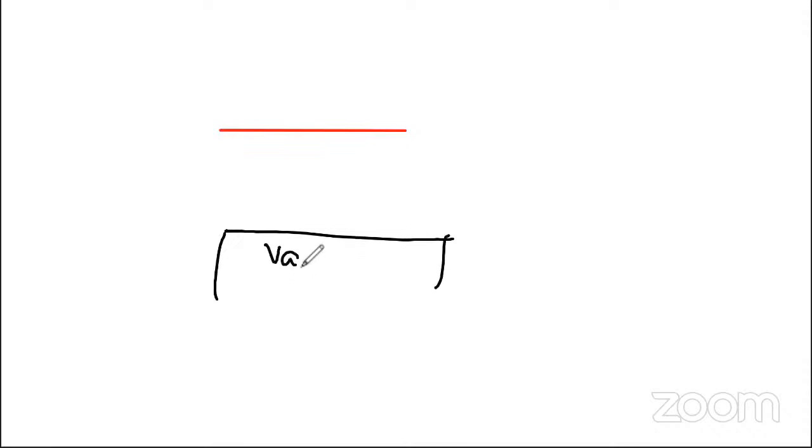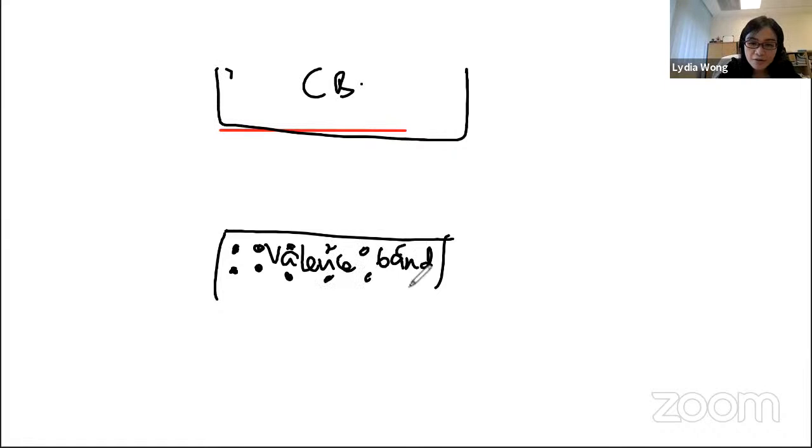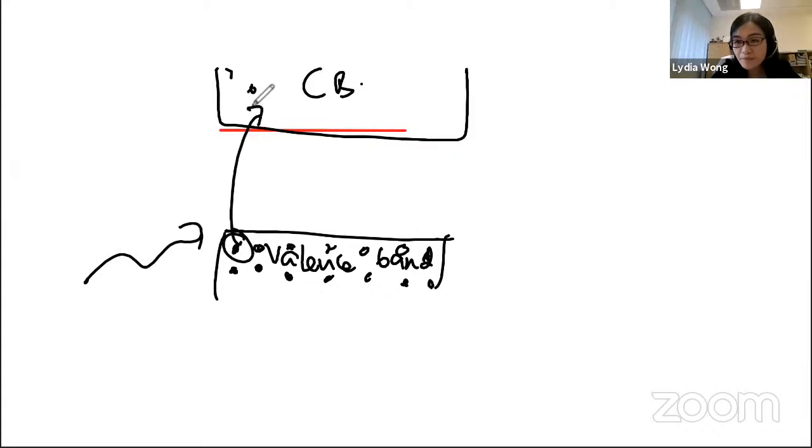So the characteristic of a semiconductor material is that there is a band gap, right? The band gap sits between the valence band, which consists of all the bonded electrons, and the conduction band, which is empty states. So in order for a semiconductor to conduct electricity, it needs external energy to excite an electron from the valence band to the conduction band.